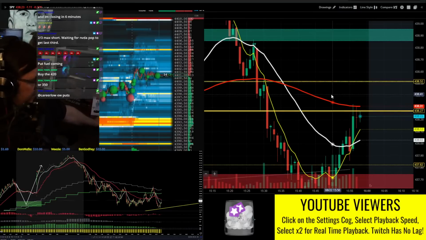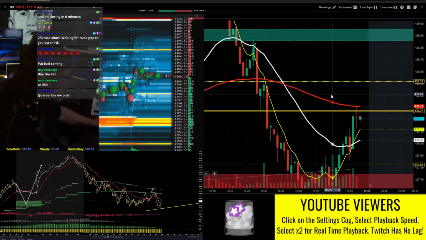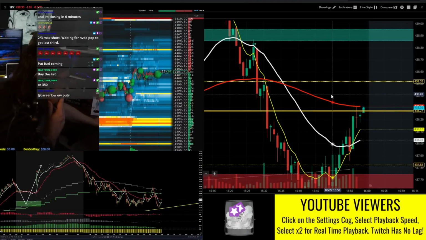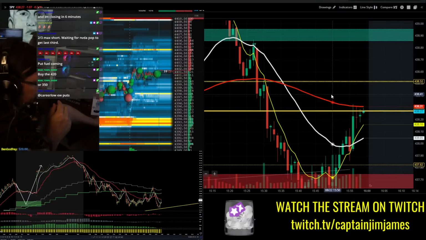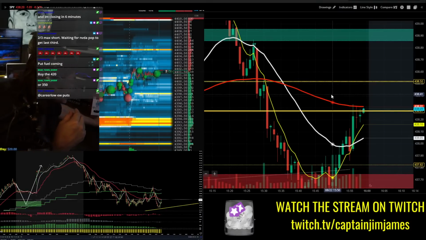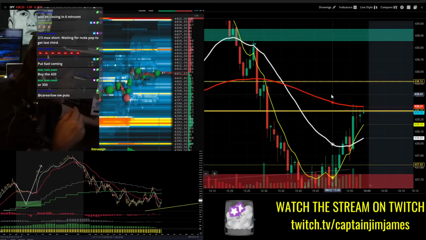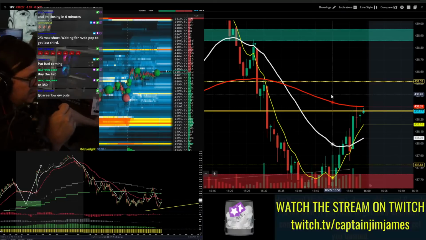432s are 76 cents. Still long right now. I'm looking to set a trade up for after the bell here. I'm looking at 432s for Friday.